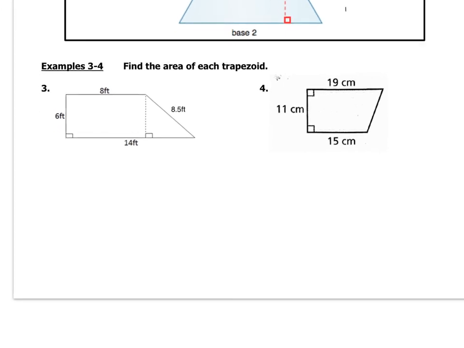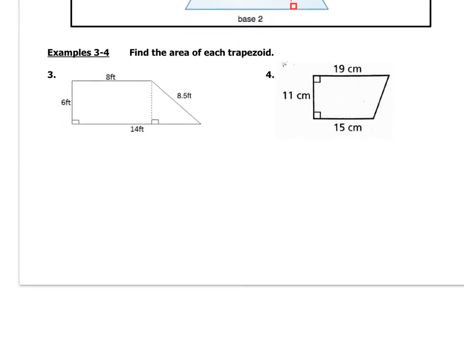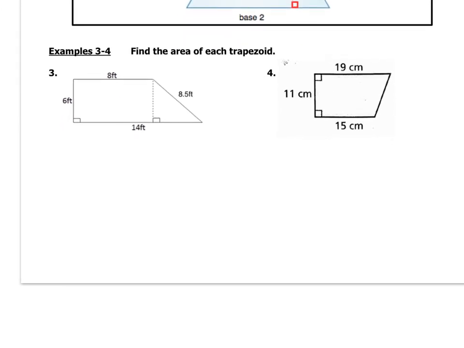We're going to find the area of each trapezoid, and I'm going to first of all identify what my dimensions of the trapezoid are. So I need three things to find the area of a trapezoid. I need base 1, I need base 2, and I need the height. Well, base 1 on this trapezoid, I can pick to be either 8 or 14.